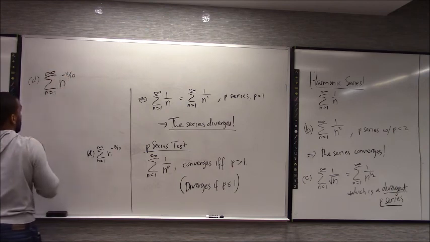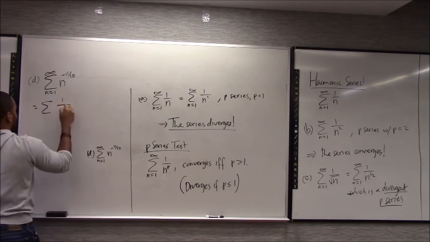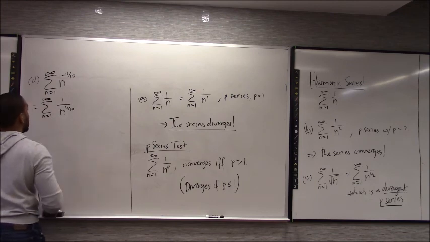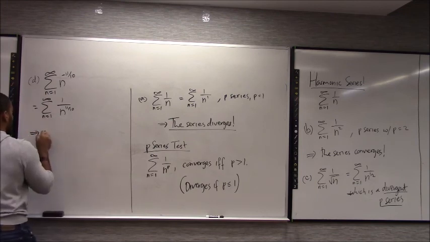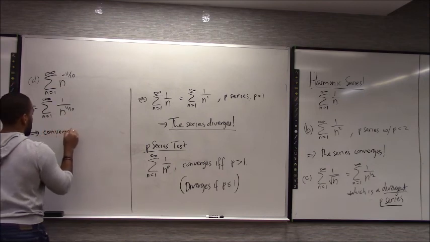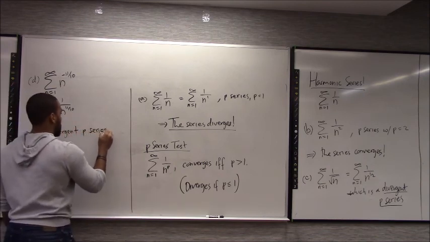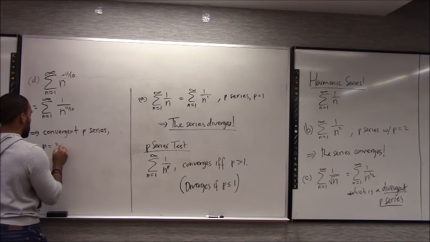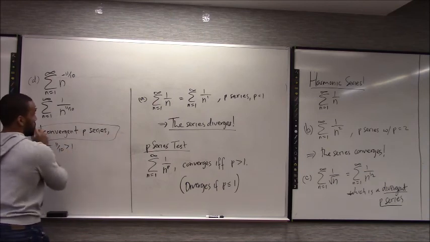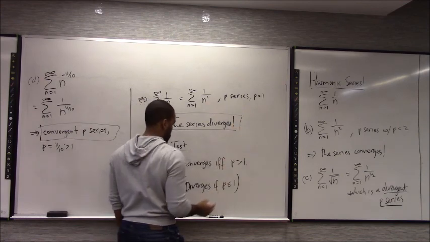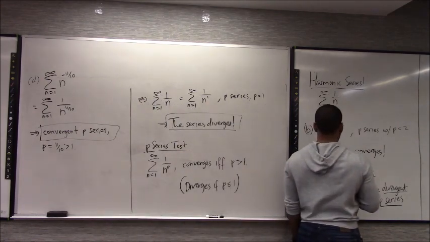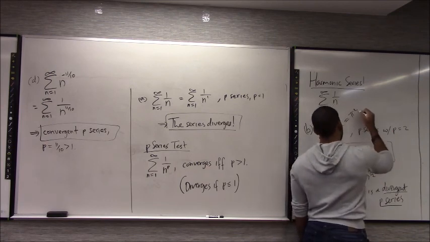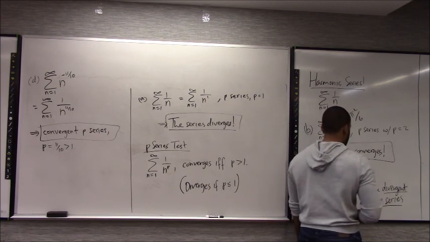It's the same as 1 over n to the 11 over 10, and 11 over 10 is greater than 1, so it's a convergent P-series. So that converges, this diverges, this converges. This was the one equal to pi squared over 6, of all things. And this one diverges.